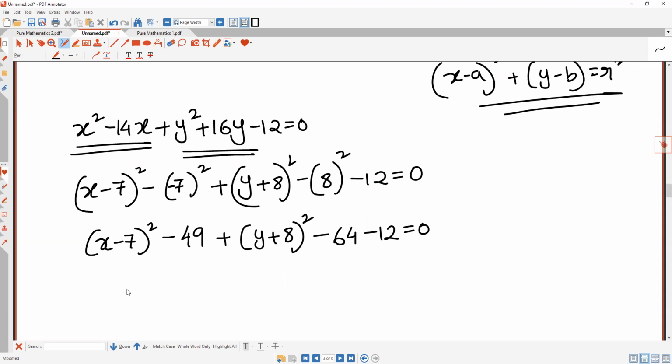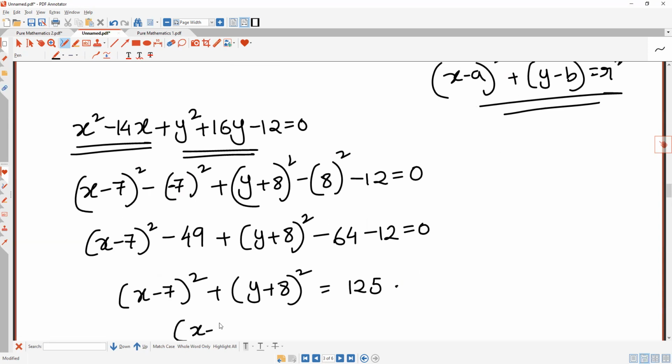Okay, so minus 125. So you have x minus 7 whole square plus y plus 8 whole square equals 125. Now, root of 125 is going to be 5 root 5. It is root because I told you to root them. It's going to be 5 root 5 whole square.